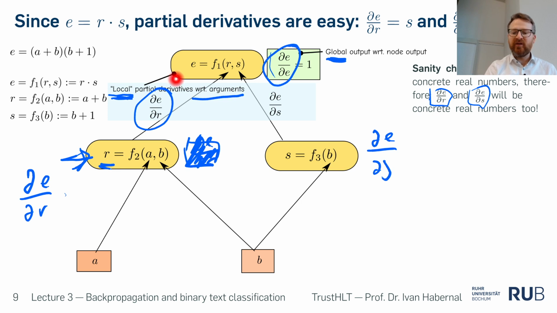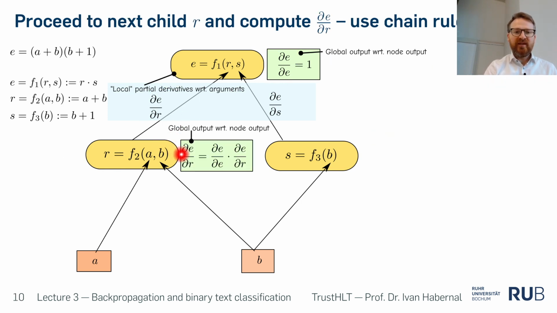So for this node, it's pretty easy. We need what I call the global output with respect to the output of this node, which is in this case the partial derivative of E with respect to E, which is the parent global output, times the local derivative with respect to this child. Now this reveals a pattern, because what is going to be the partial derivative of E with respect to S? It's going to be the same thing.